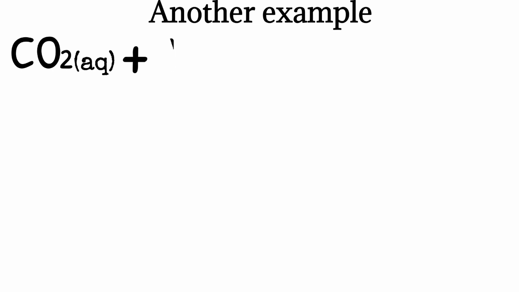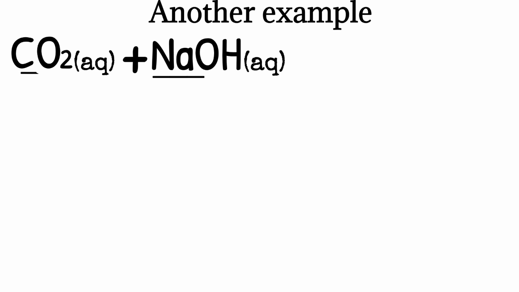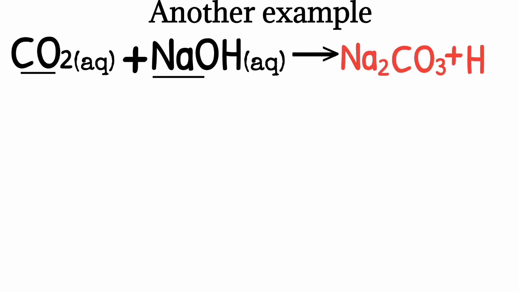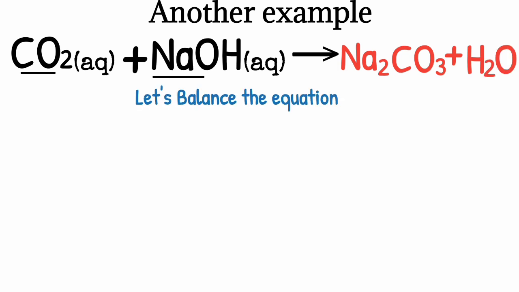Now we have CO2 aqueous solution, which will react with sodium hydroxide, NaOH, and they produce sodium carbonate, because Na reacts with the carbon dioxide to produce sodium carbonate and water. Now let's balance it.